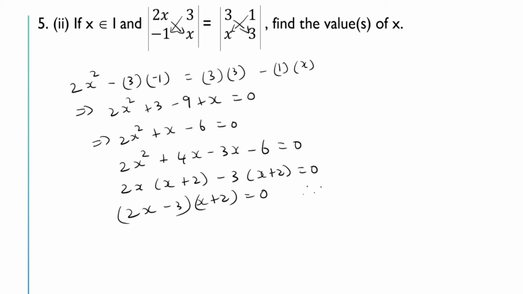So therefore, this implies x is equal to minus 2 or x is equal to 3 by 2. Now we cannot take x is equal to 3 by 2 because it is given x is an integer. So x is equal to minus 2.